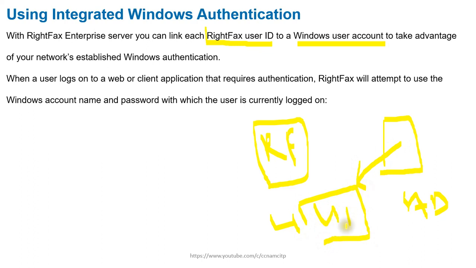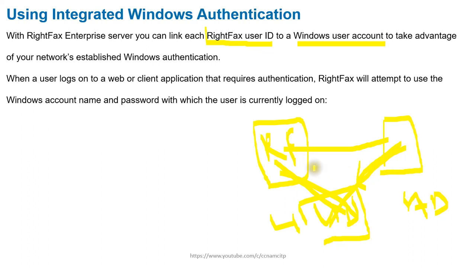So if it tries to access the RightFax application, it will get authenticated by that ID itself. That is the concept. It doesn't require one more request for authentication. If it is authenticated from here, it should be accessible, and according to that, access will be granted. I hope it is very clear.